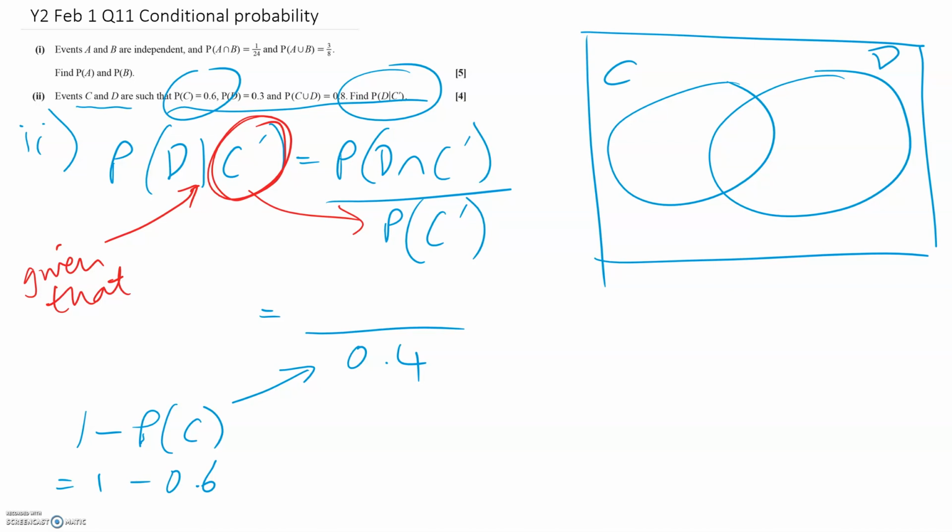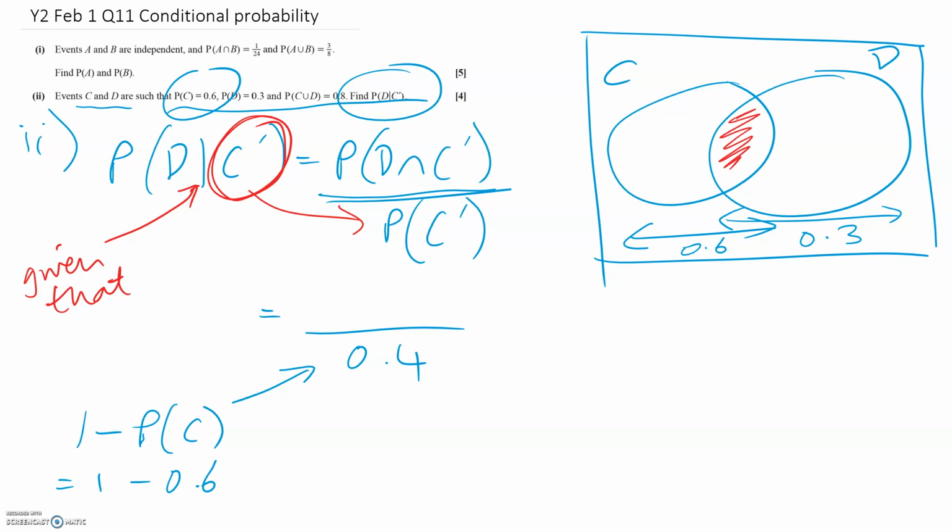Well, we know that the probability of C all the way over here is 0.6. We know the probability of D, which is all of this, is going to be 0.3. Before we can work out that numerator, it's going to help if we can find out what's in the middle bit here. So what's in this middle section?